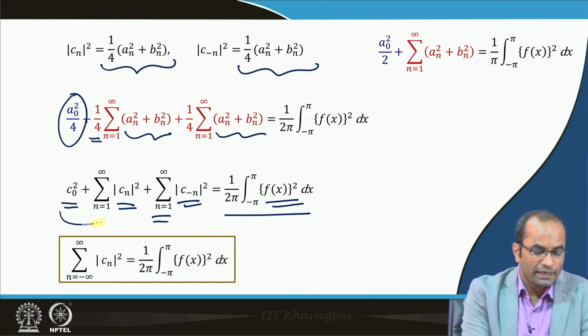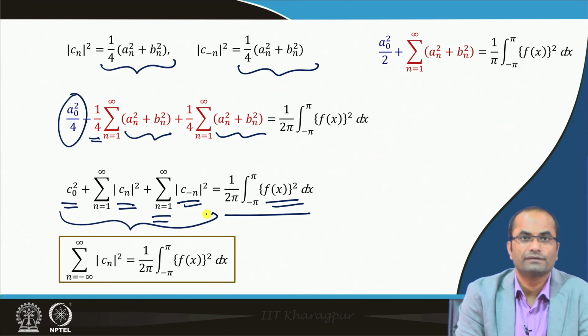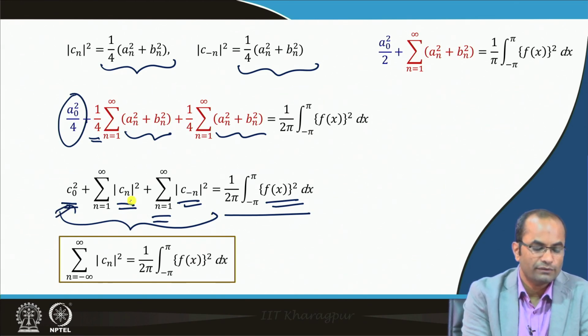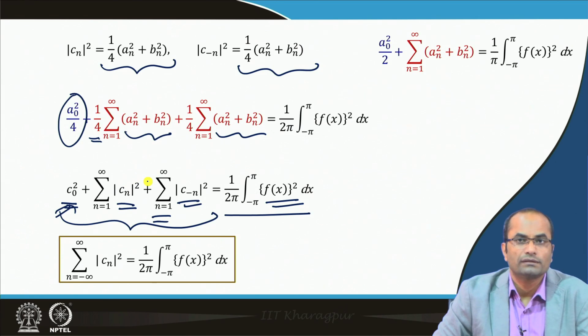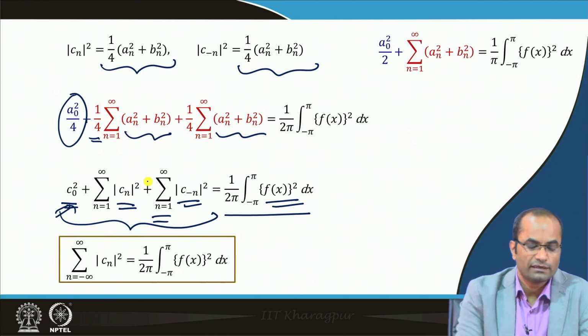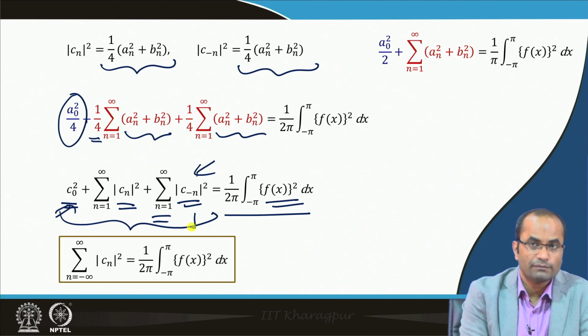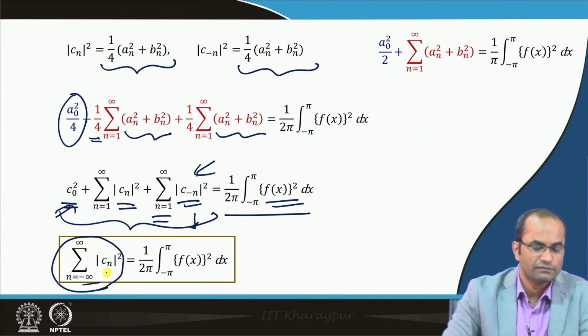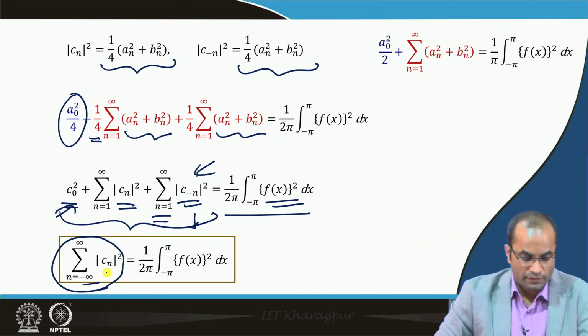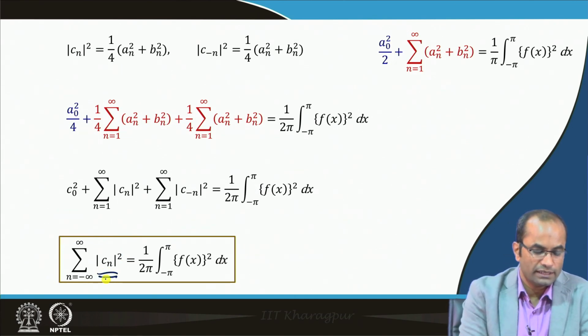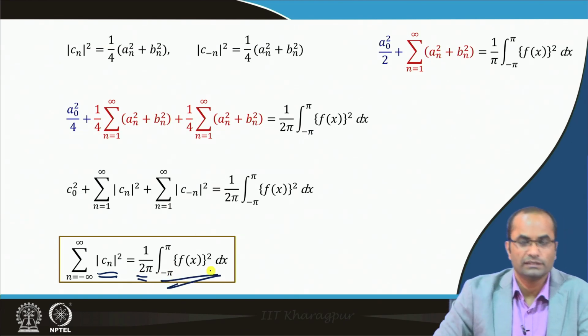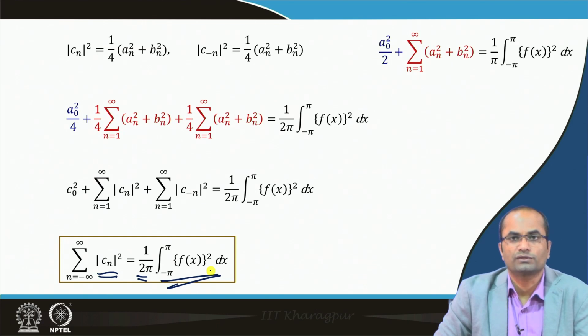So, now we can combine all the terms. On the left hand side we have C naught square, we have the positive powers, that is C 1 square, C 2 square, etc. We have also all negative powers, C minus 1 square, C minus 2 square, etc. So, all these can be coupled now, and we have the whole summation which is running from minus infinity to plus infinity over this modulus C n square, and the right hand side is 1 over 2 pi and this integral minus pi to pi f x whole square dx.